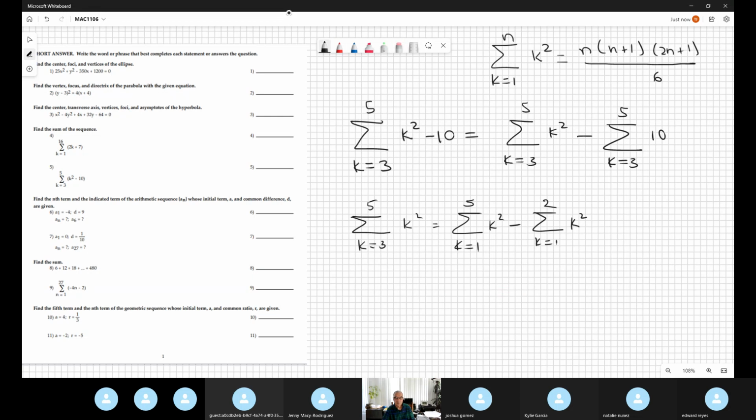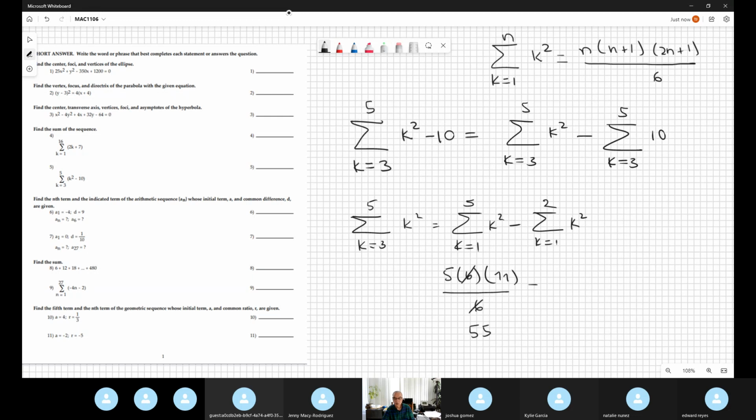Here m is 5, m plus 1 is 6, no? And 2m plus 1 is 11, I guess, no? Because if m is 5, 5 times 2 is 10, plus 1 is 11, yeah. Divided by 6. So this cancels out the 6, and by coincidence it's 55.